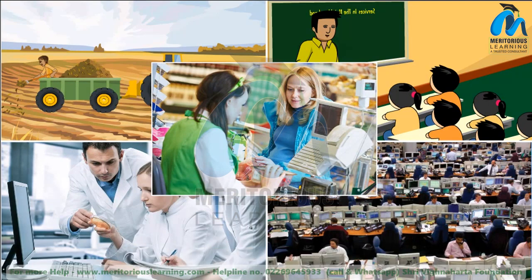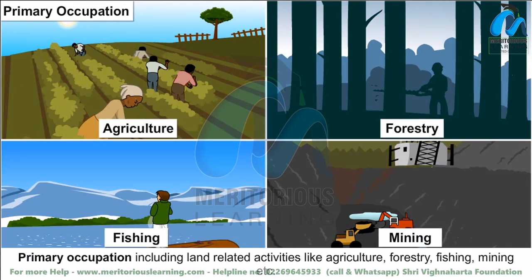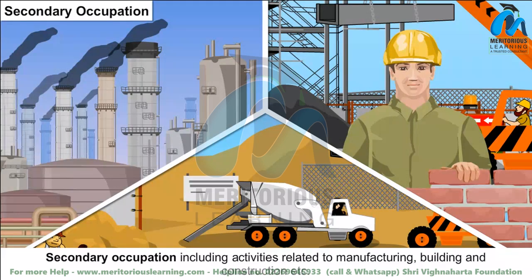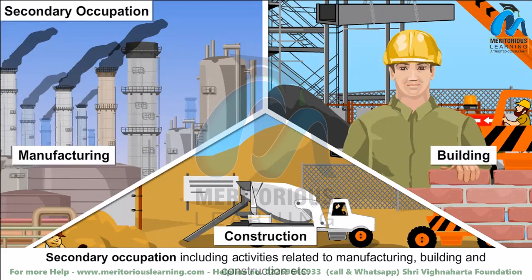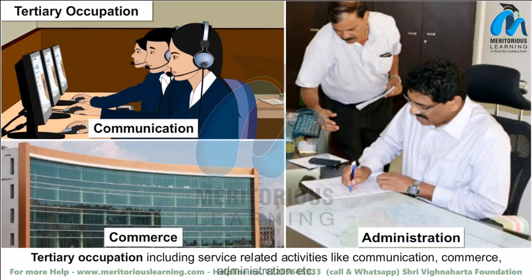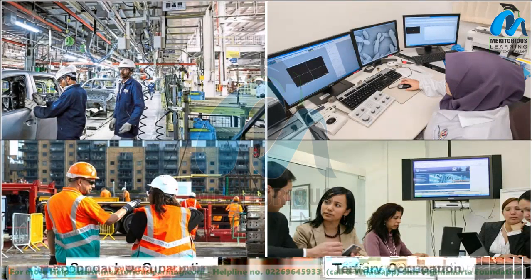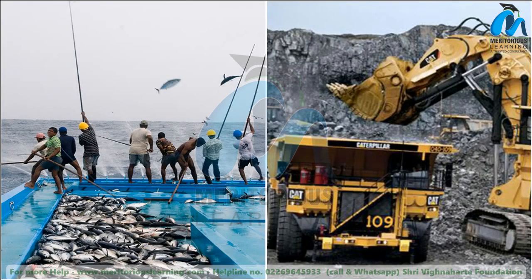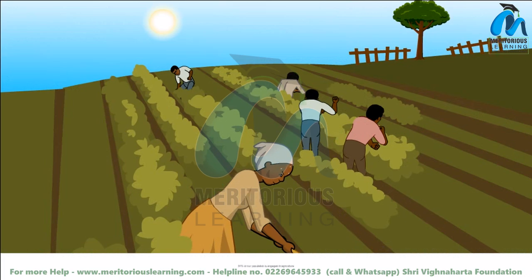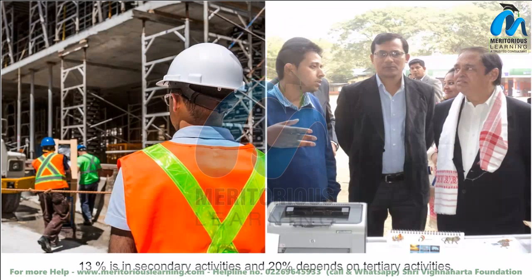The three categories of occupation are primary occupation, including land-related activities like agriculture, forestry, fishing, mining, etc. Secondary occupation, including activities related to manufacturing, building and construction, etc. Tertiary occupation, including service-related activities like communication, commerce, administration, etc. Most people in developed nations are engaged in secondary and tertiary occupations, whereas in developing nations, they are engaged in primary occupation. 64% of our population is engaged in agriculture, 13% is in secondary activities, and 20% depends on tertiary activities.